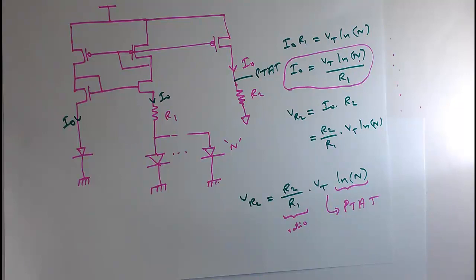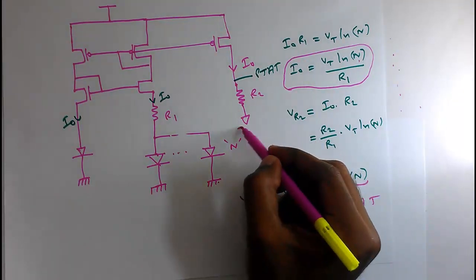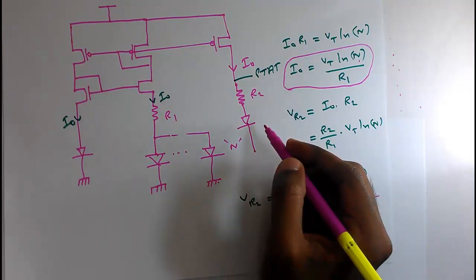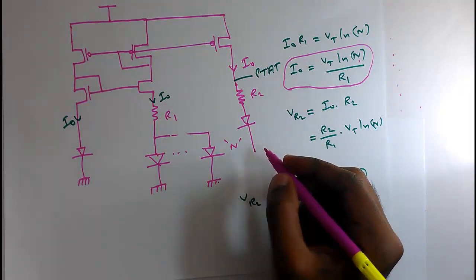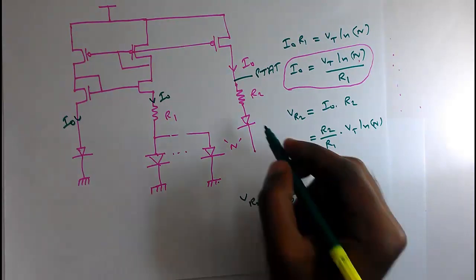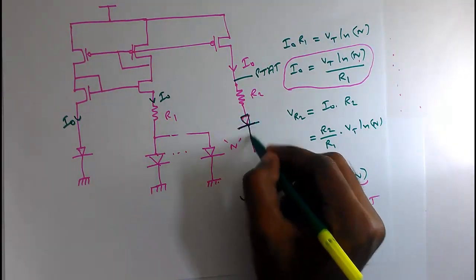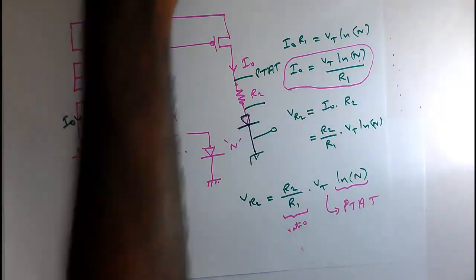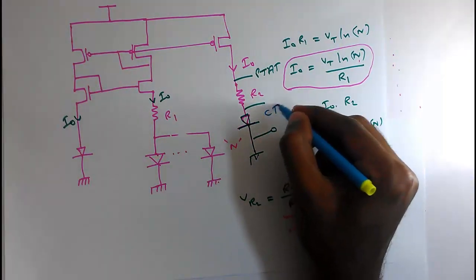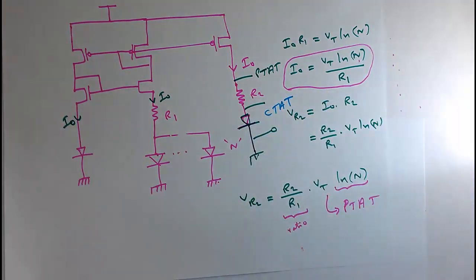But what we did, we connected a diode here, and we said voltage across will be CTAT, but our initial assumption was to pass a constant current through the diode. So that is another problem that we need to discuss.